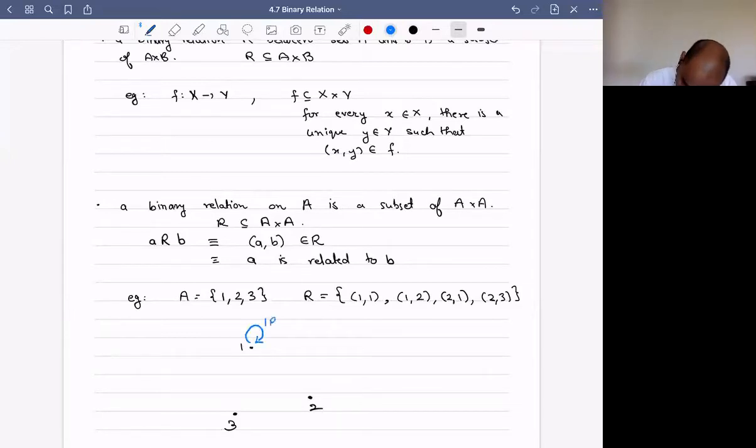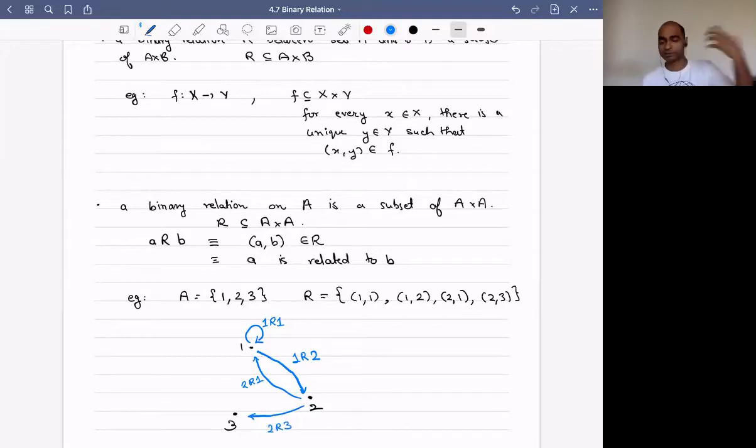So this is encoding the fact that 1 is related to 1. Second is (1, 2). That I'll draw like that. Then the third element is (2, 1), which I'll draw like this. And finally, the fourth element is (2, 3). Okay, so binary relations can be encoded using graphs.